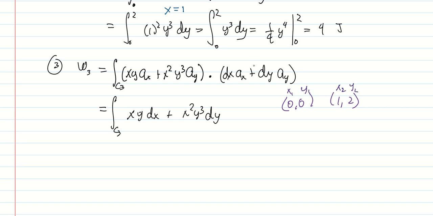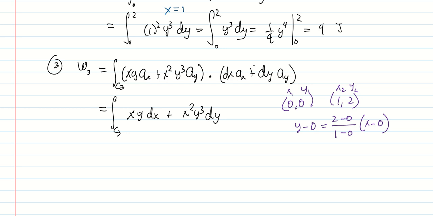Using the two-point form, y minus y1, where y1 is 0, is equal to the slope, y2 minus y1, so 2 minus 0, all over x2 minus x1, 1 minus 0, multiplied by x minus x1, which is 0. This is our two-point form of a straight line.